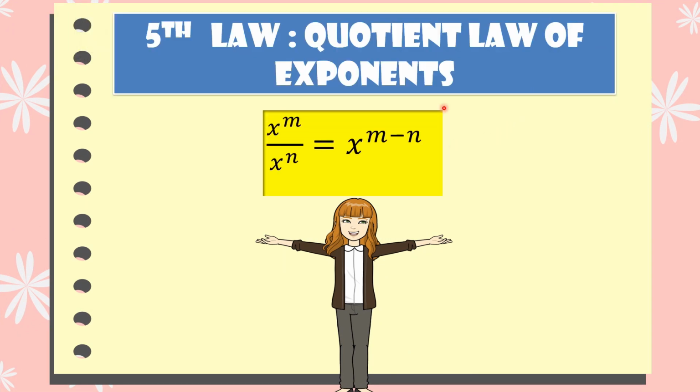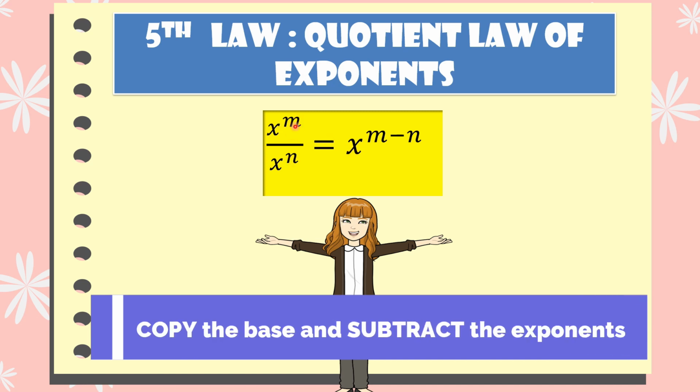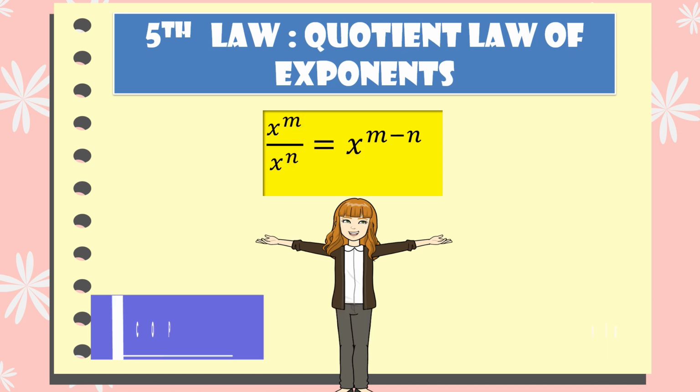So the fifth law, the quotient law of exponents: x raised to m divided by x raised to n is equal to x raised to m minus n. So copy the base, subtract the exponents.